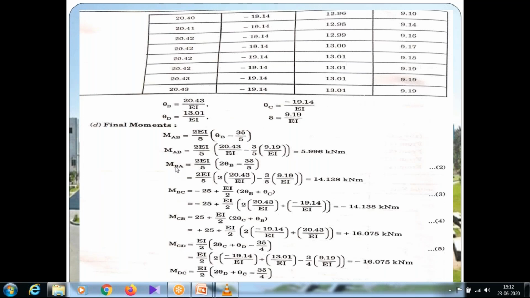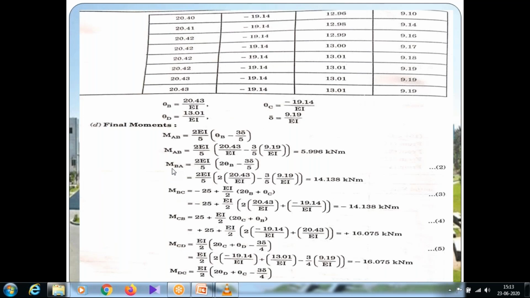Next, MBA. The MBA equation is 2EI by 5 into 2 theta B minus 3 delta by 5. After substituting theta B and delta, we are getting MBA as 14.138 kilonewton meter. Joint B is intermediate, and MBC is the negative value, minus 14.138.